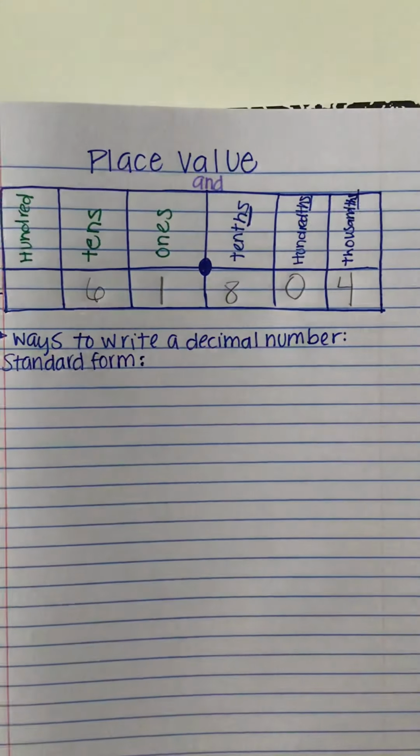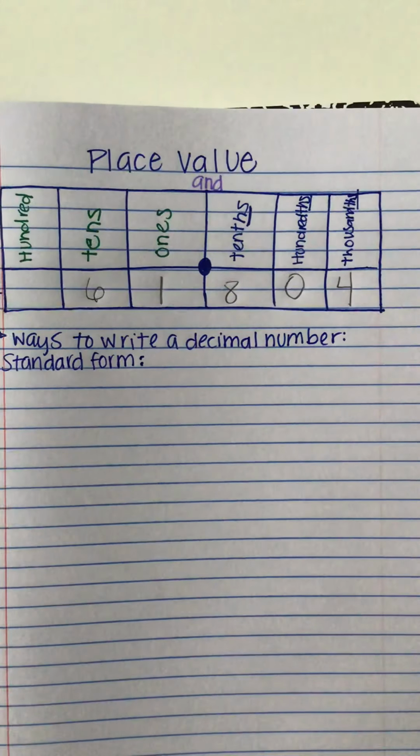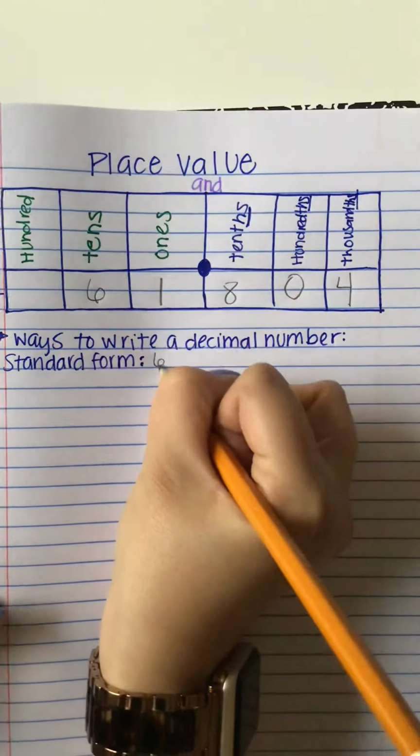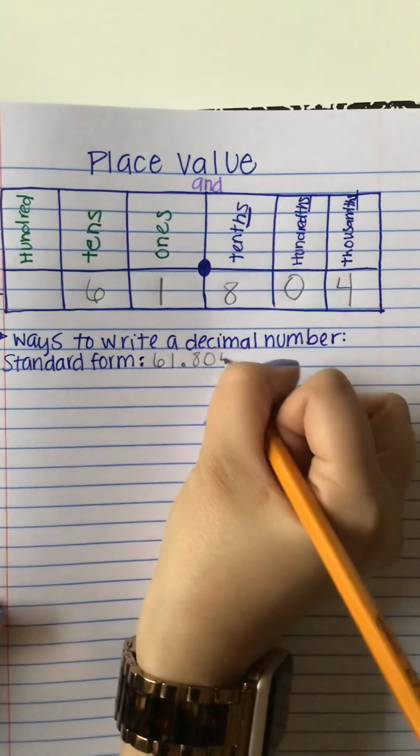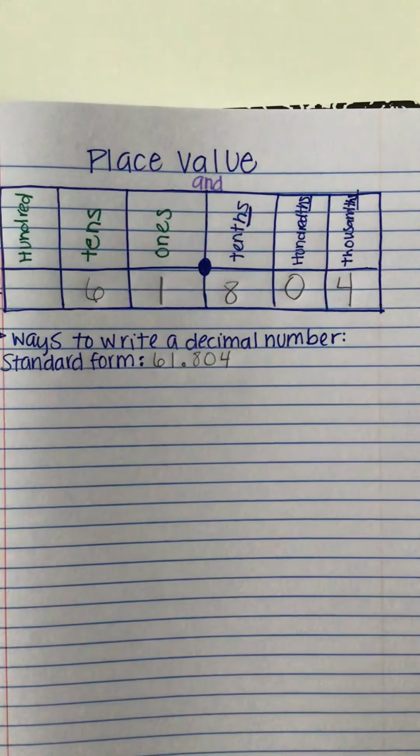Okay, now standard form, that just means you're writing it the regular way. When something is standard, it's normal. So here you're just going to write your number the regular way, 61 and 804 thousandths. This is the way that you're usually seeing your numbers in standard form.